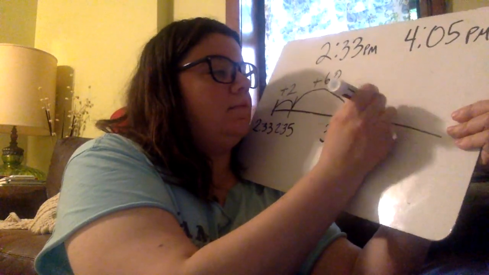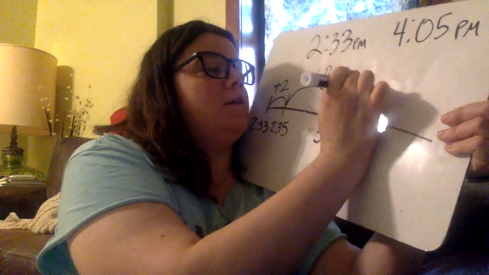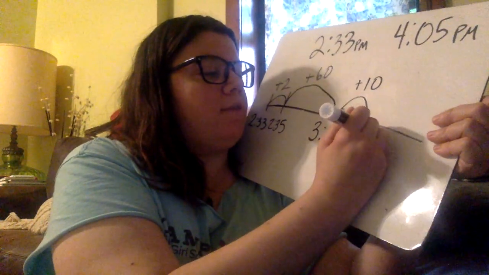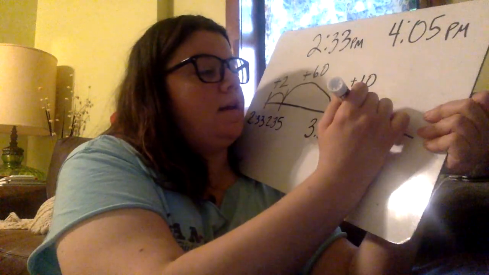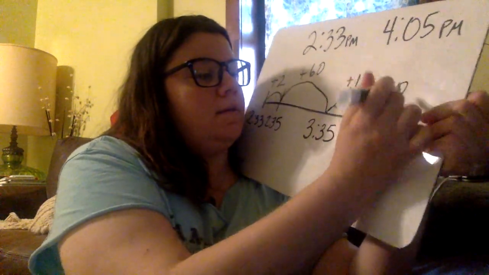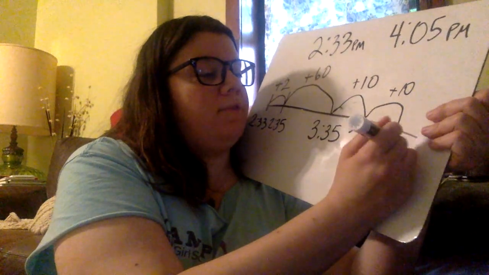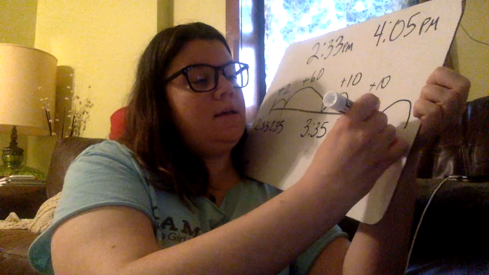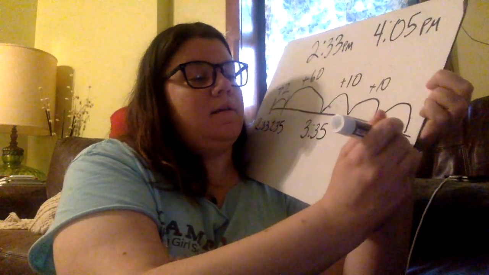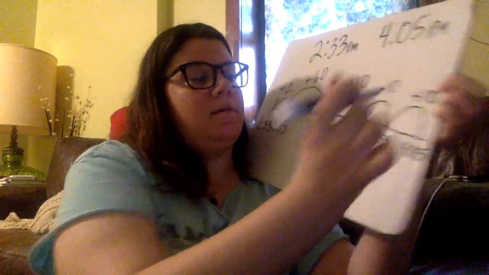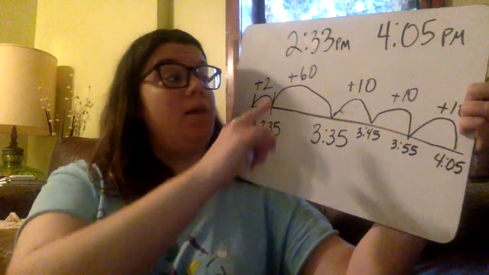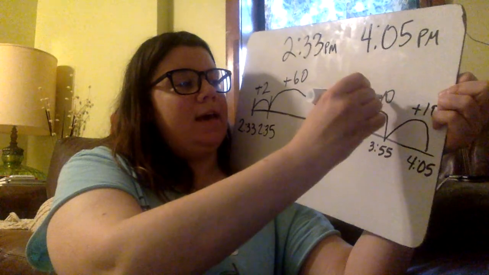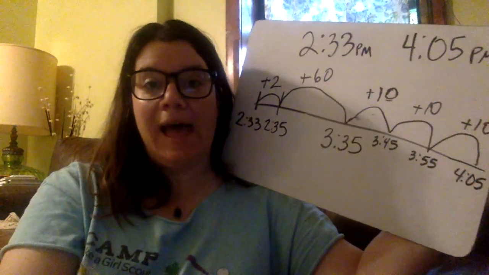I can add 10 minutes, and that'll get me 3:45. Can add another 10 minutes. That'll give me 3:55. Guess what happens if we add another 10 minutes? That'll get us to 4:05. And now all that's left for us to do is add up all of our time that is elapsed.